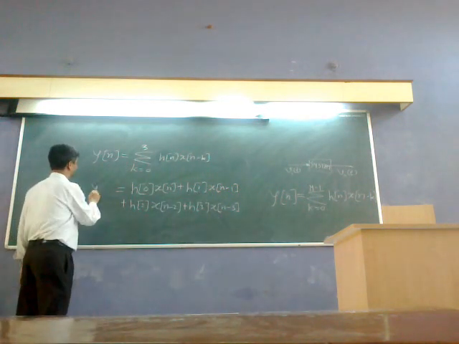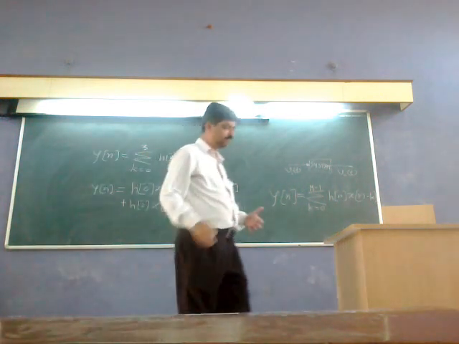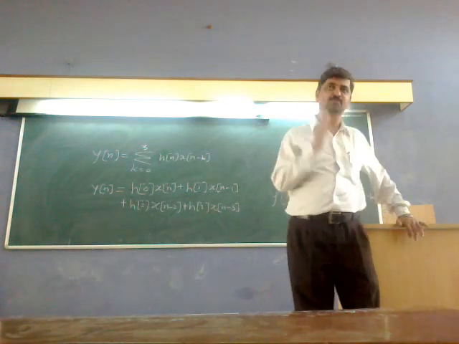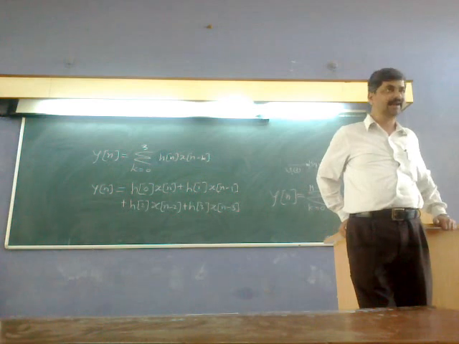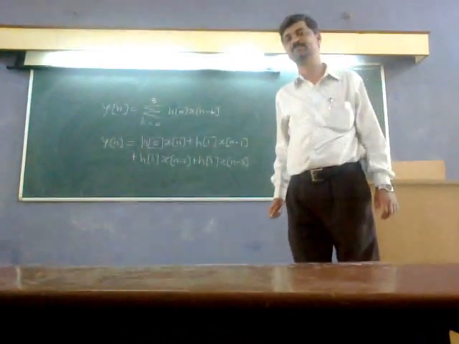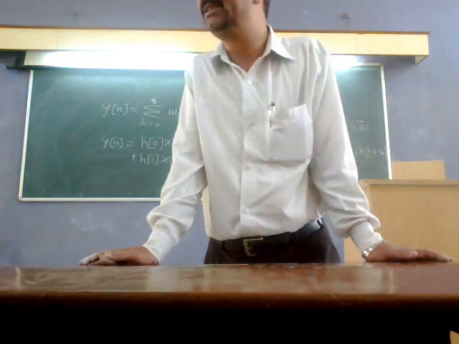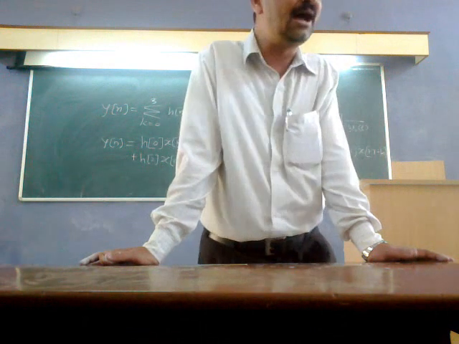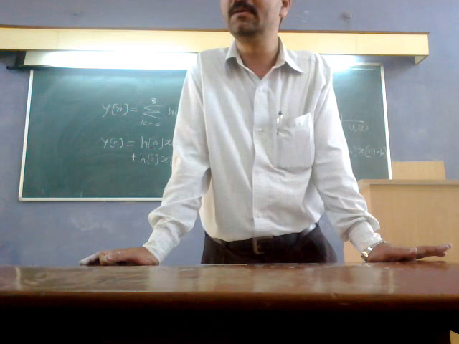That is y[n]. The current output sample is a weighted sum of the current and previous 3 samples, right? Where h[0], h[1], h[2] and h[3] are the weights, right?